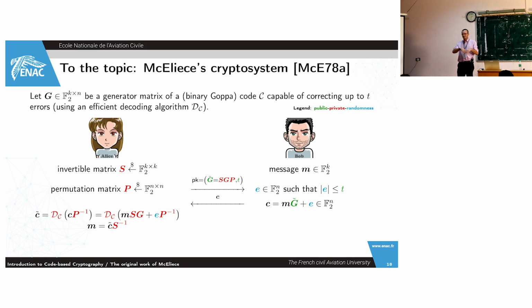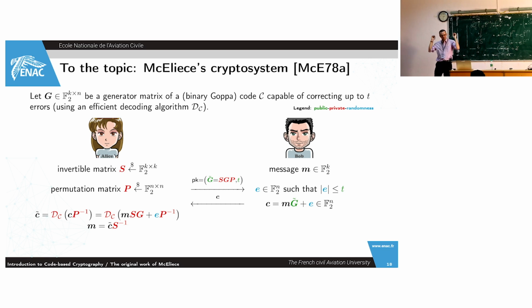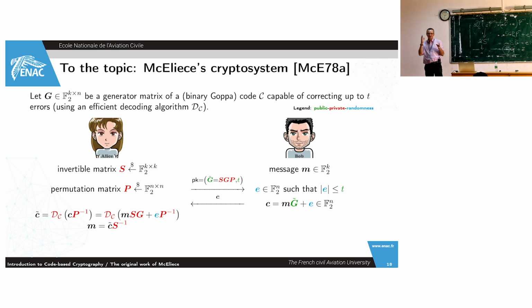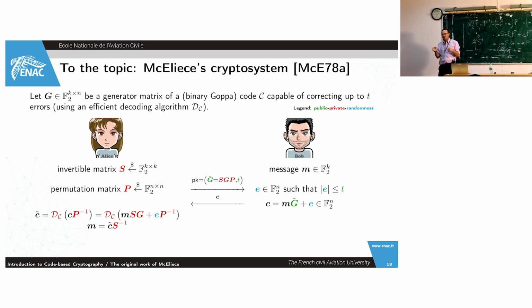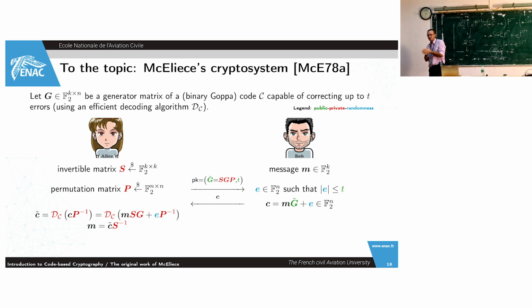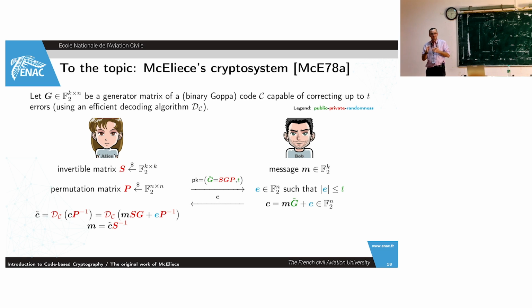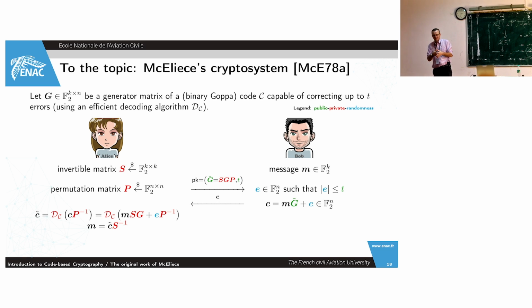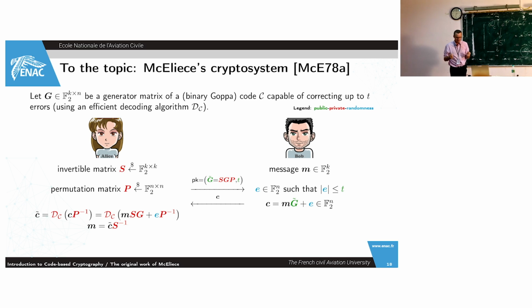From centuries ago, all the cryptography was symmetric cryptography up to 1976 and then 77, 78, where RSA was invented, and we also have McEliece in 78.